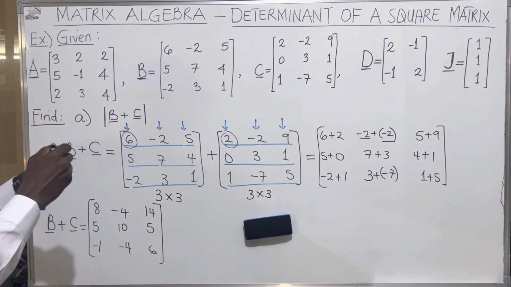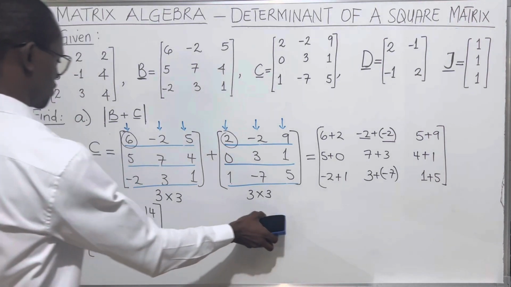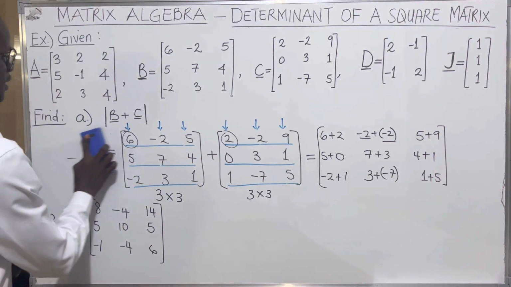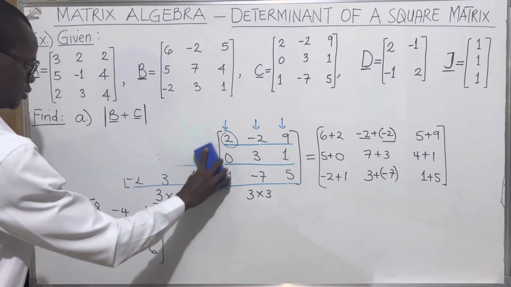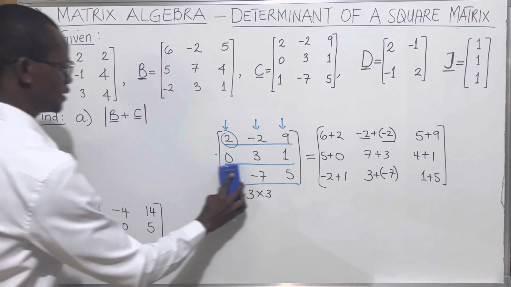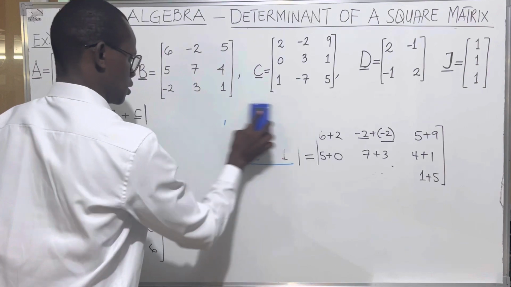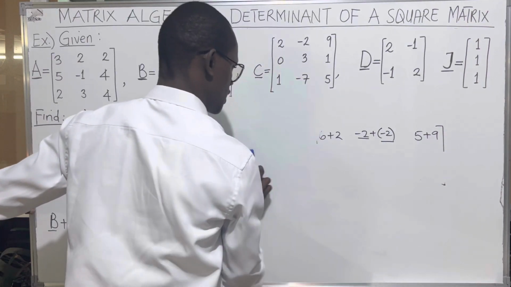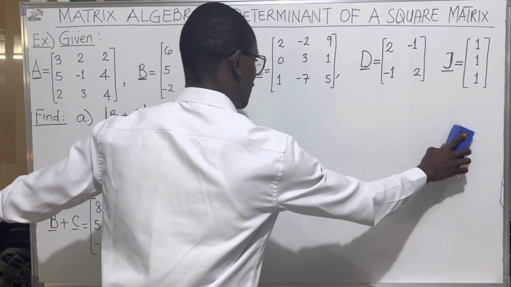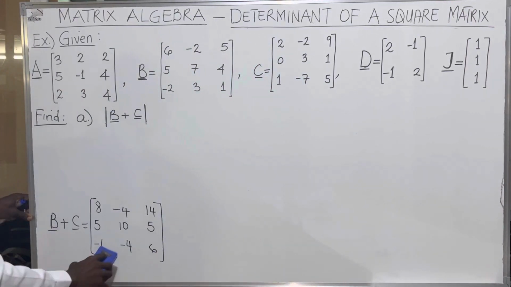Now we've just carried out the operation of this expression. So now I can erase this one. And now we know that when matrix A and matrix B and C are added, this is the result.